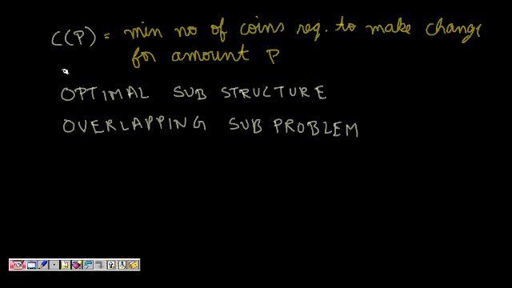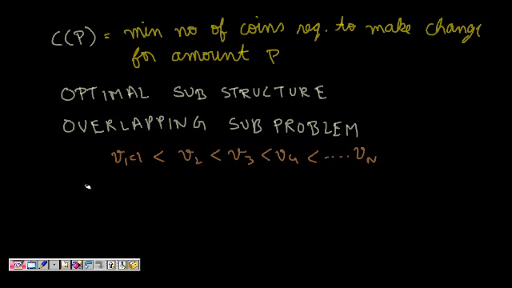Can I solve C of P, the problem of bigger values, that way? I am given coins of denominations V1 equal to 1, V2, V3, V4 till Vn, and I can use any amount of all of them.